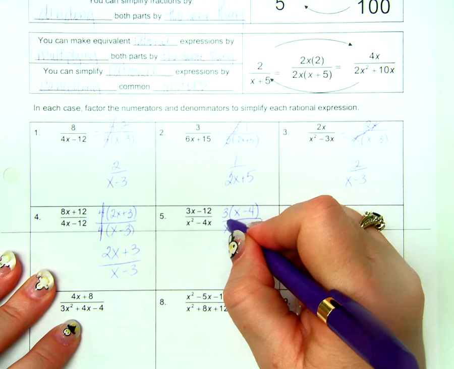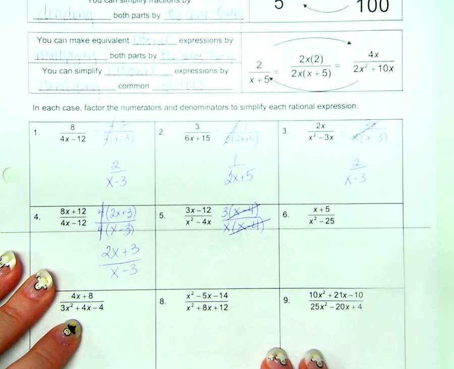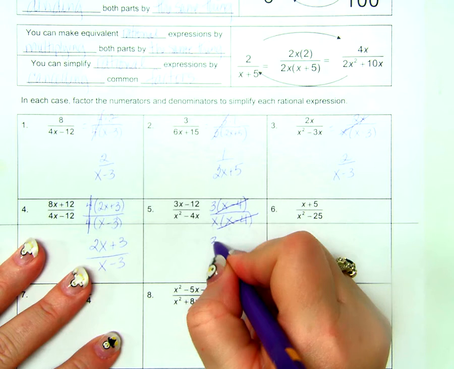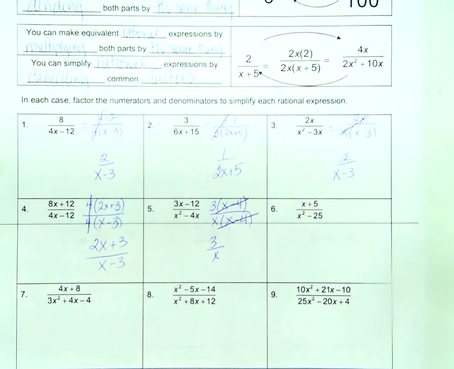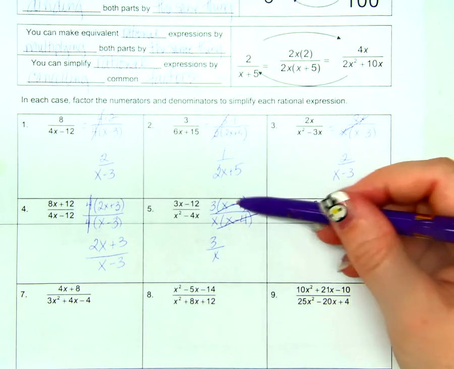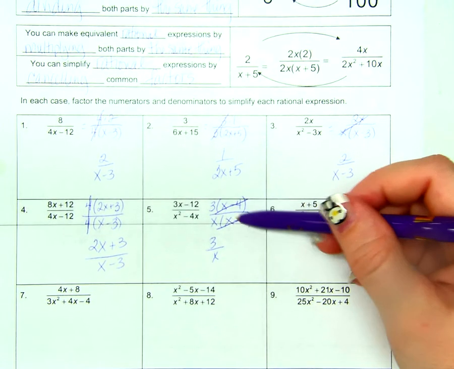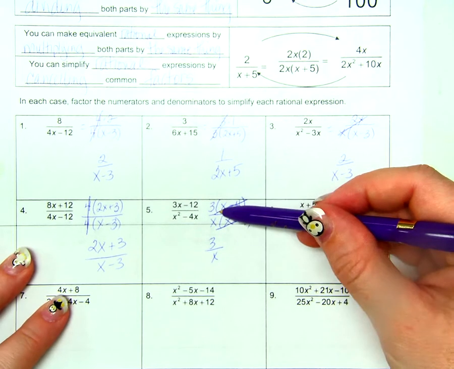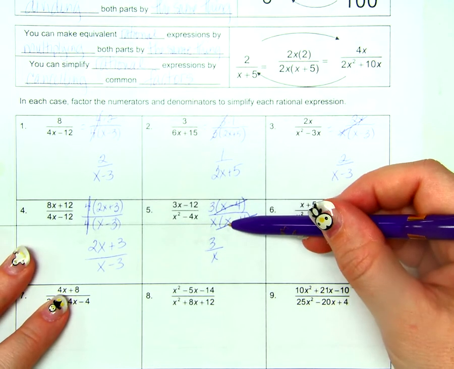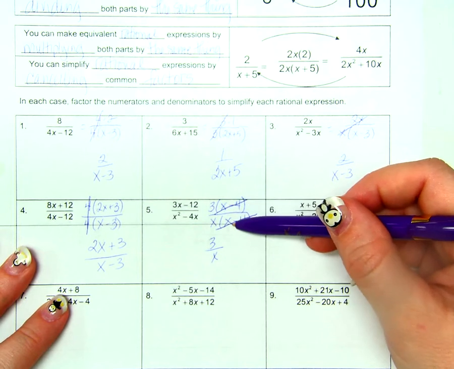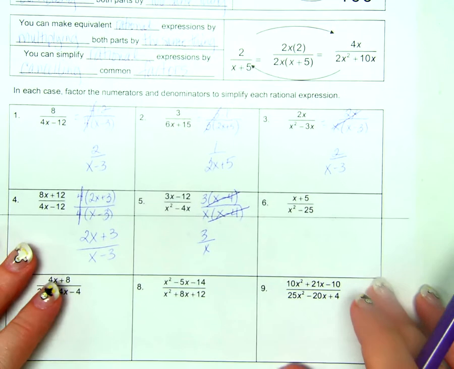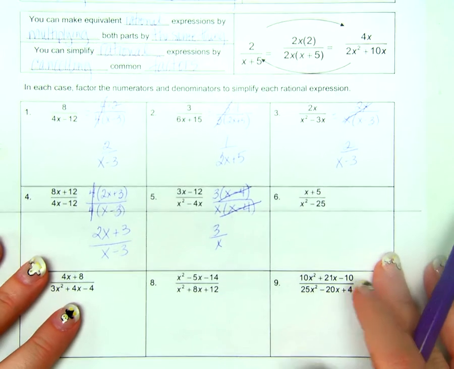I'm canceling the x minus 4 and the x minus 4. Is that clear? Because in itself, x minus 4 is a factor here. It's a multiplier of 3. X minus 4 is a factor or a multiplier of x. I have an x minus 4 in the numerator. I have an x minus 4 in the denominator. I can cancel those factors out and just end up with 3 over x. Yes? So what about 6?